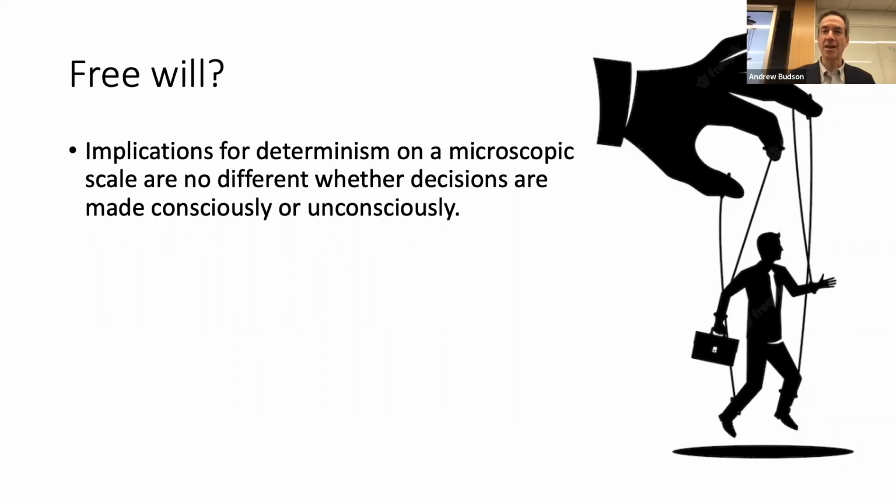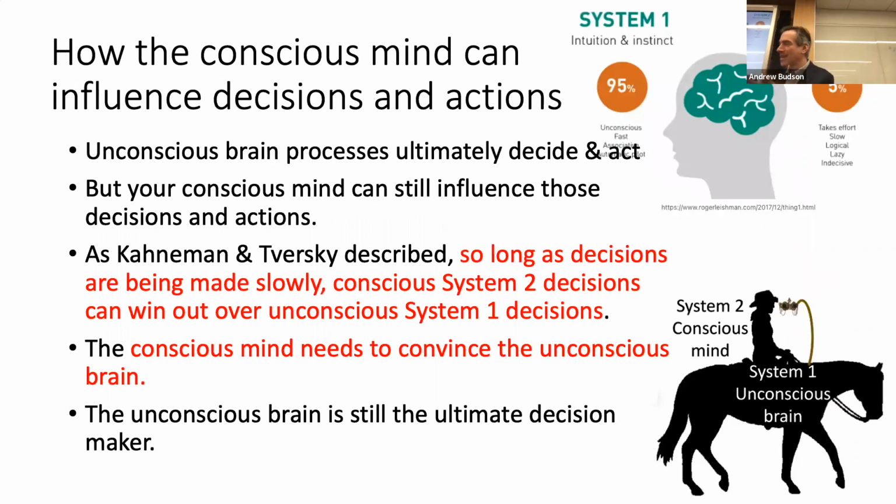It's agnostic on that. But I do want to be very clear that if we put that one determinism issue aside, your conscious mind can absolutely still impact your ability to make the best decisions and actions.